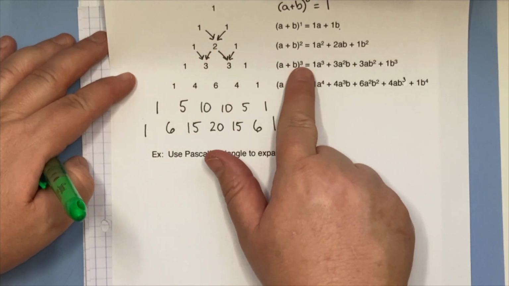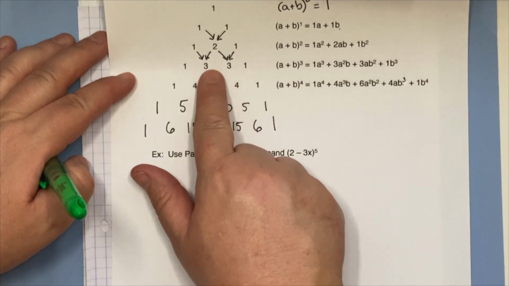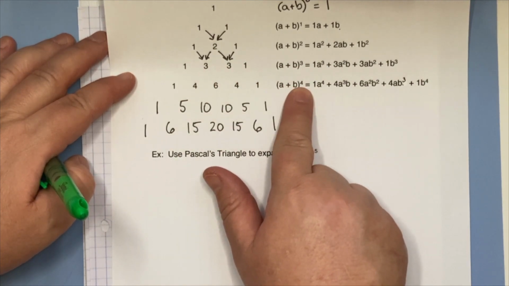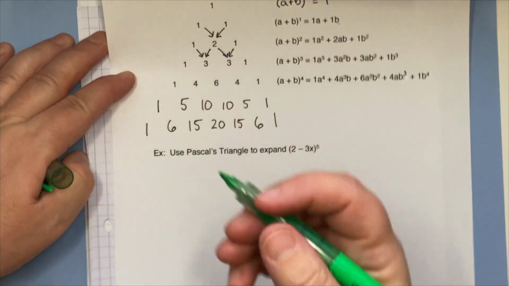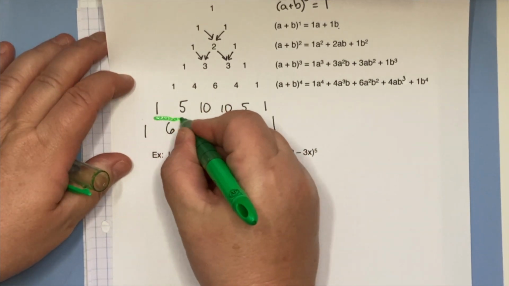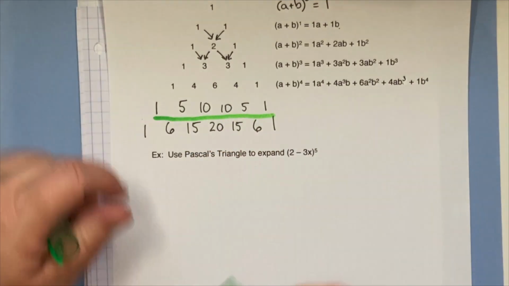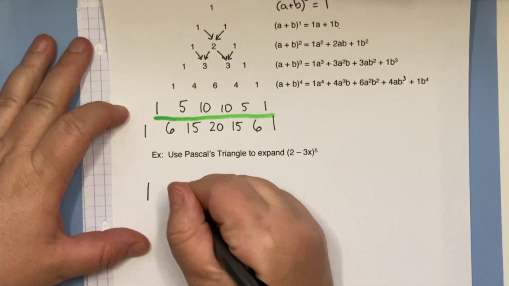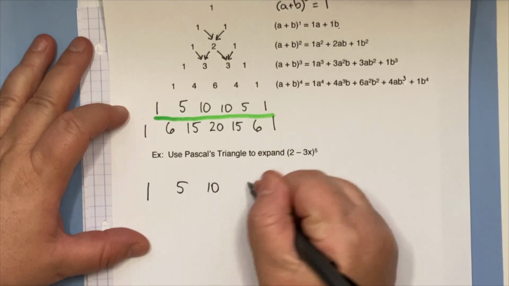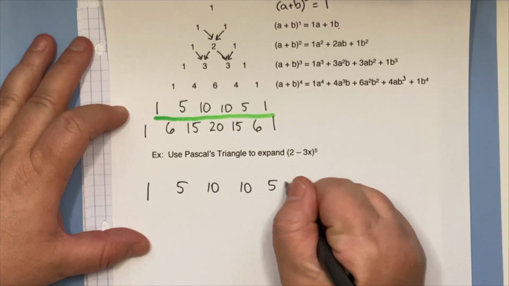The cubed row has the 3. The 4th row has a 4. And so raising to the 5th power is going to be this one. This is the one we're interested in right there. So our coefficients are 1, 5, 10, 10, 5, 1.